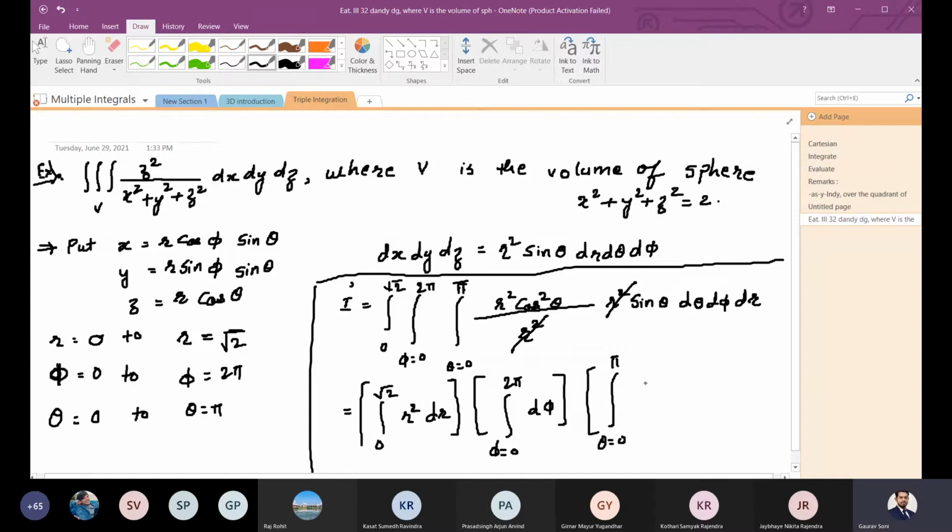Cos square theta is 1 minus sine square theta, but anyway, we can solve it directly. What is the answer? Now, further you can carry on and tell me the final answer.